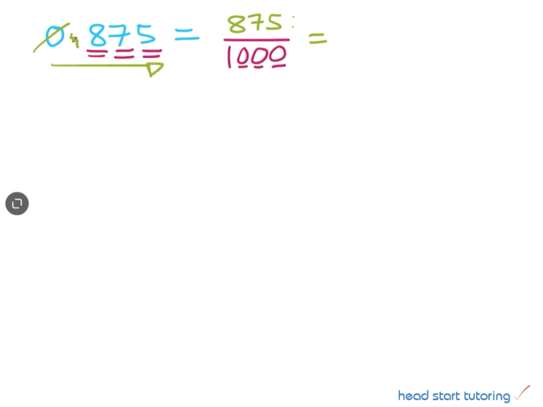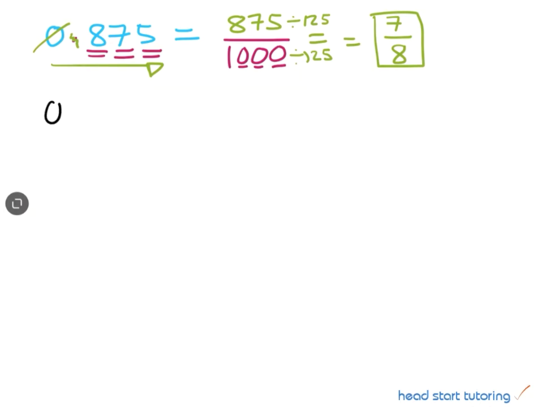So we need to divide 875 by 125 and 1,000 by 125, and we end up with 7 over 8. So 0.875 as a simplified fraction is equal to 7/8.